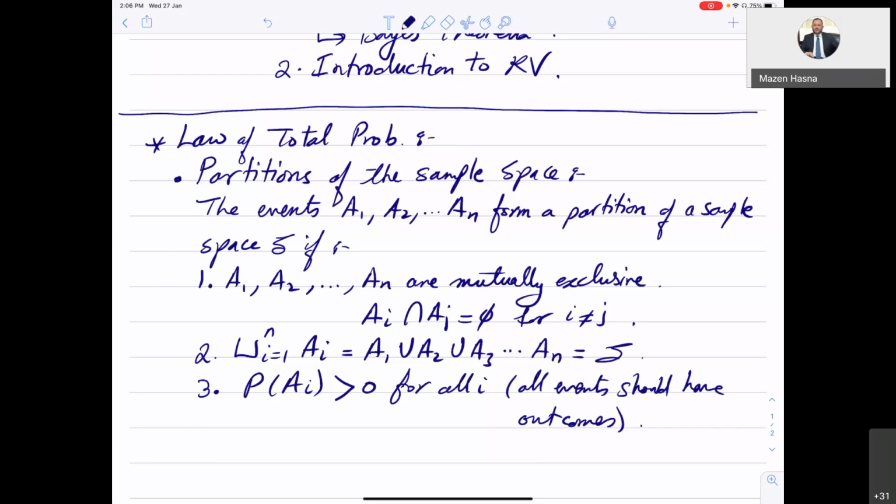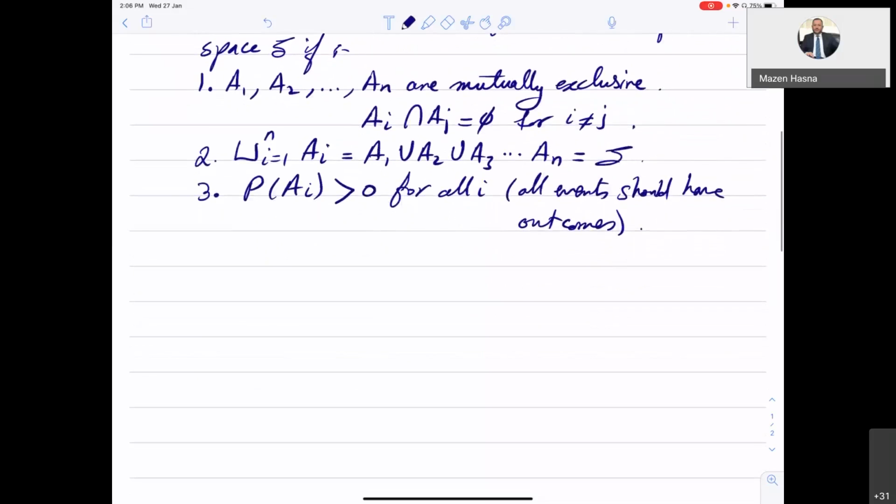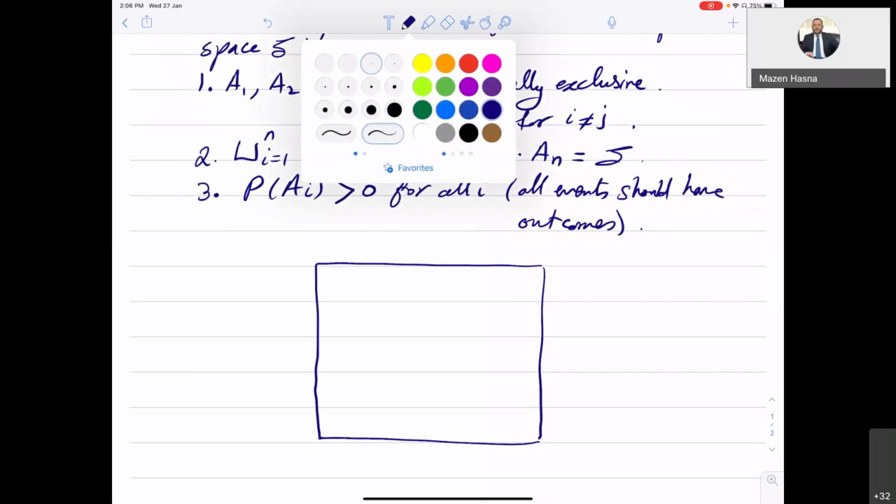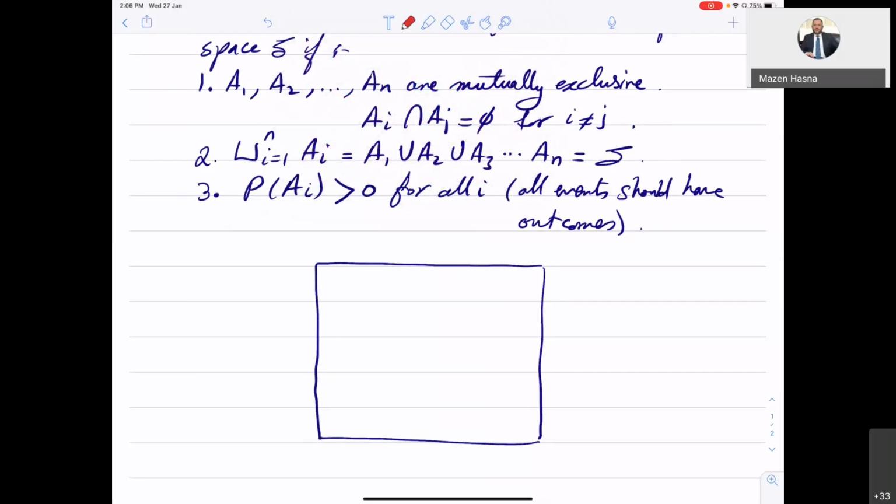Right. So what does this whole thing mean? It means very simply, if this is your sample space, and then I start slicing the sample space into, let's say, A1, A2, A3, A4, and A5.